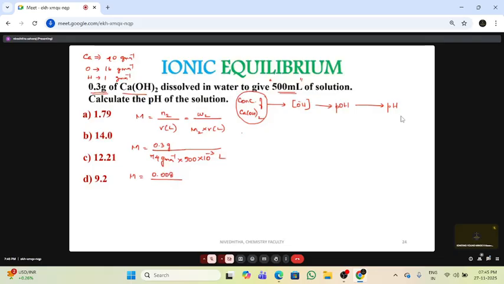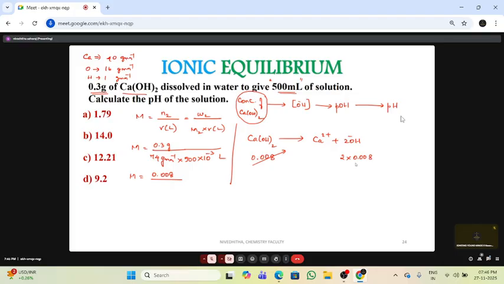So it is 0.008. And we know that upon complete dissociation, each calcium hydroxide will give you 2 times of OH minus ion. Right? So here the concentration of calcium hydroxide is 0.008. So upon complete dissociation, we'll get 2 times of OH minus ion. Right, Kana?